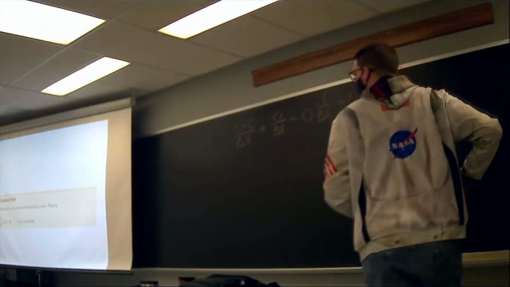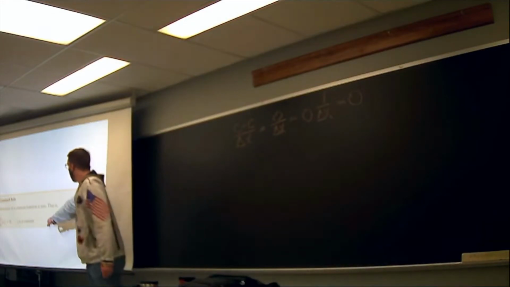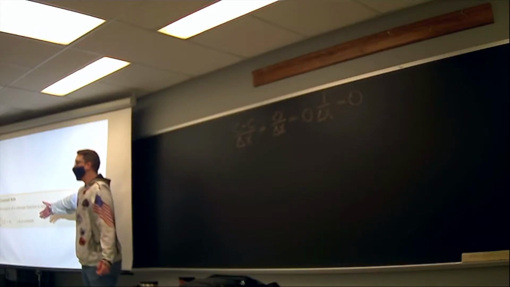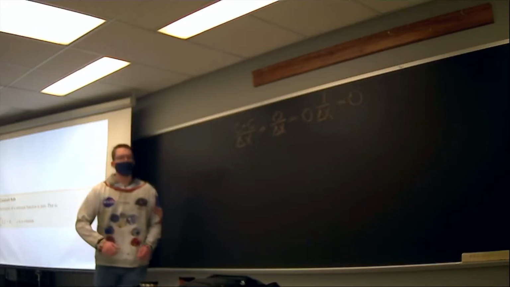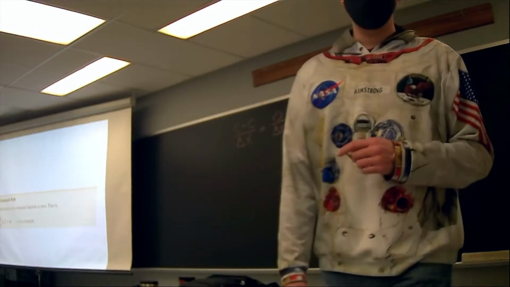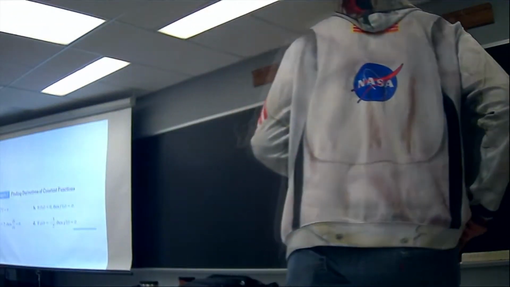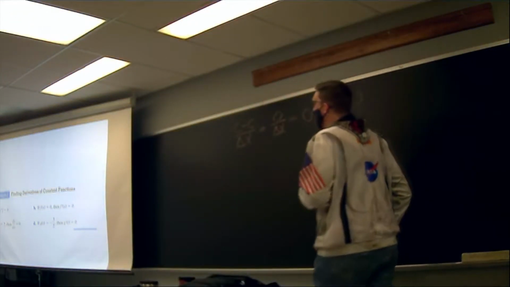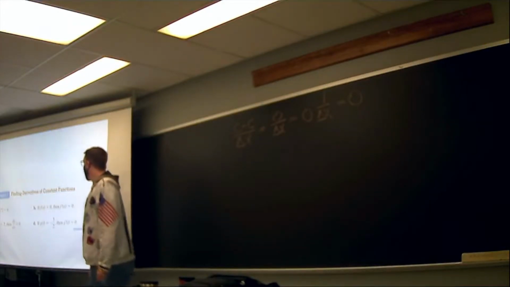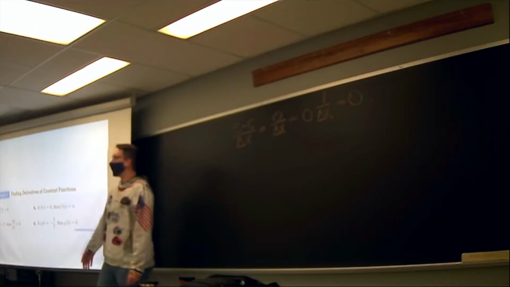Thus, our first rule, the constant rule. Given any function that's just a constant, its derivative will come out to be 0. As a couple examples, the derivative of 7 is 0. The derivative of 0 is 0. You get the idea.